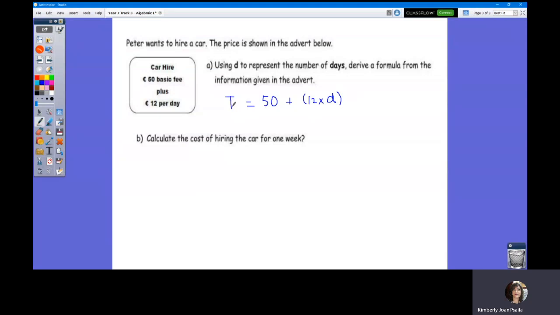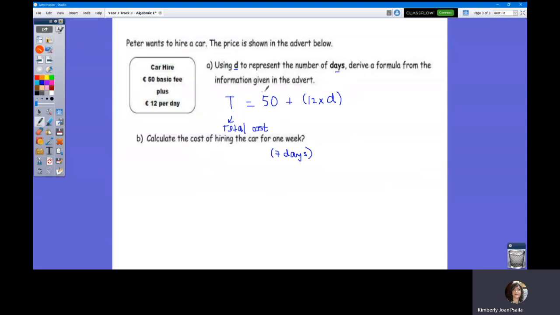So T, which is equal to total cost, is equal to 50 plus 12 per day. D, here he told us, means days. Now calculate the cost of hiring the car for 1 week. Now we know that 1 week consists of 7 days.